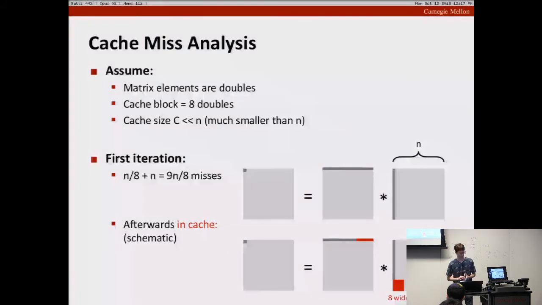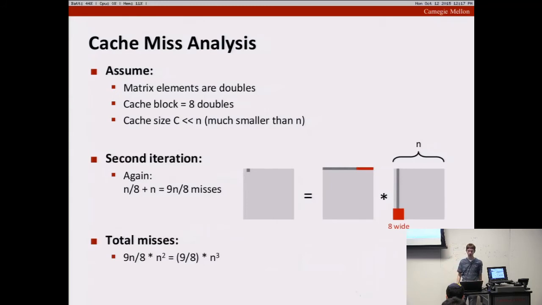The assumption we're making here, of course, is that our cache is much smaller, so things are being overwritten. If we had a huge cache, then maybe all of this could still be in it. But we're assuming that our cache is just going to keep overwriting. The best we can do, if we have a really bad cache, is that this would be in there, and these 8 would be in there.